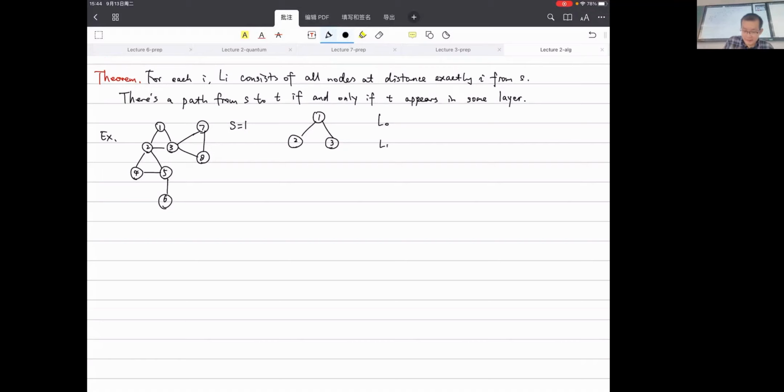How about layer 2, the second layer? Let's first look at 2. The neighbors of 2 are 1, 3, 4, 5. But 1 and 3 already appeared earlier, so that is not what we are interested in. So we are going to have a 4 here, and also a 5 here. How about if we look from vertex 3? Then we have a 7 here and an 8 here.